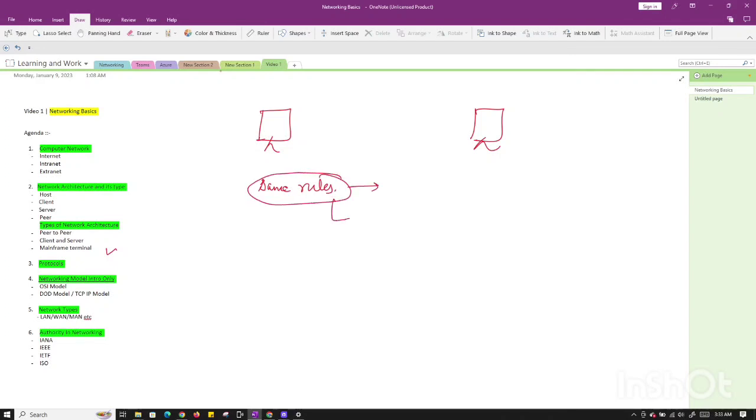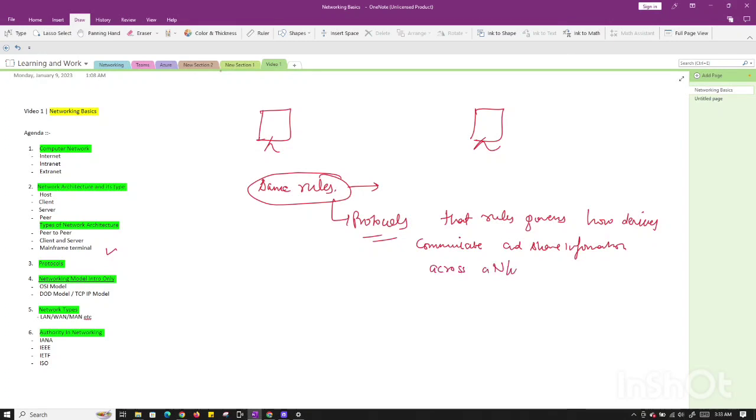Rules in networking, we call them protocols, because these rules govern how devices communicate and share information across a network. So what are those protocols? For example, IP, HTTP, SMTP, etc.